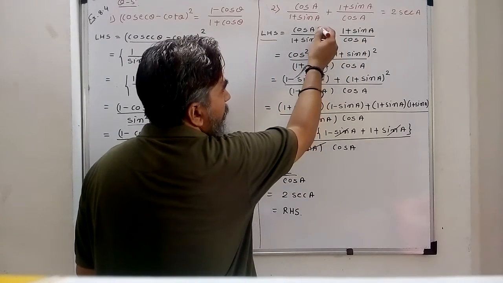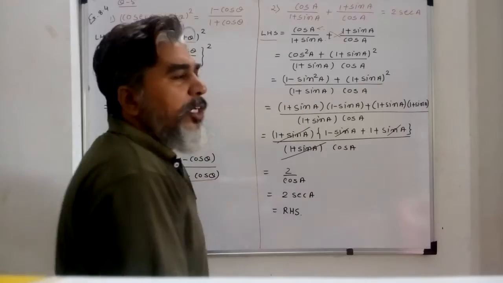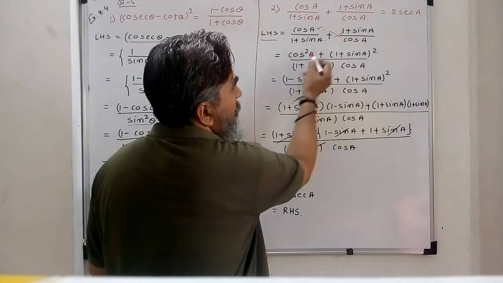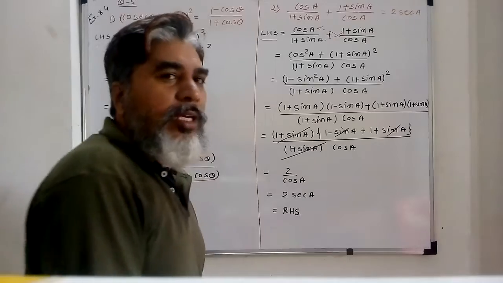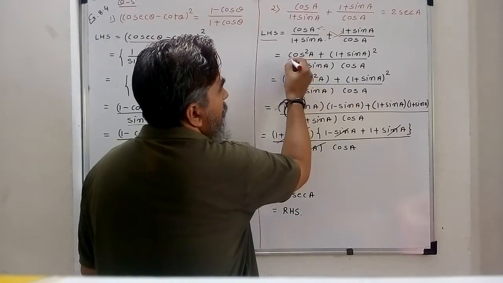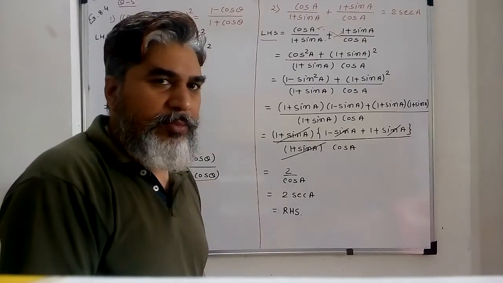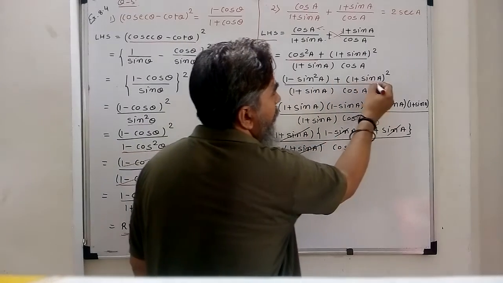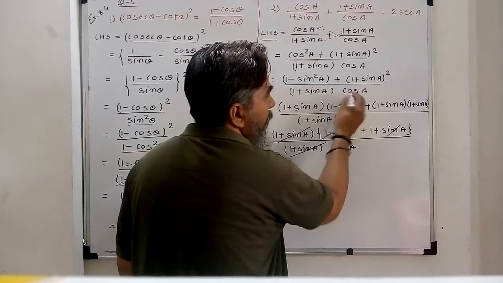So this cos is multiplied in the numerator of the first term, and (1 plus sin a) is multiplied with the numerator of the second term. So this is cos into cos, which is cos square, and (1 plus sin a) into (1 plus sin a) is (1 plus sin a) whole square. The cos square is written as 1 minus sin square a, plus (1 plus sin a) whole square, upon (1 plus sin a) into cos a.